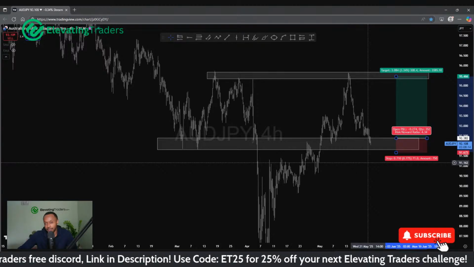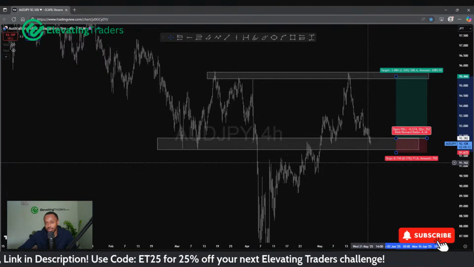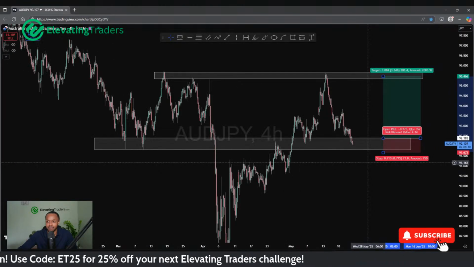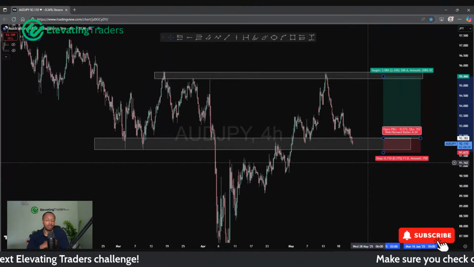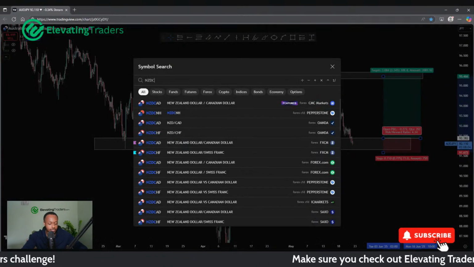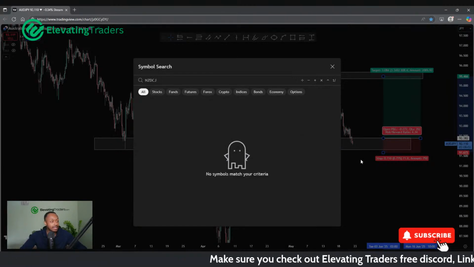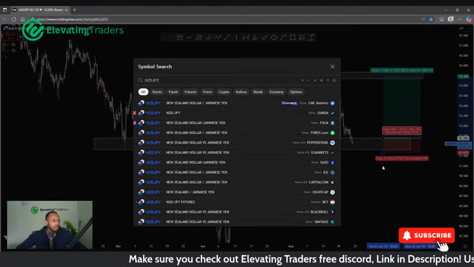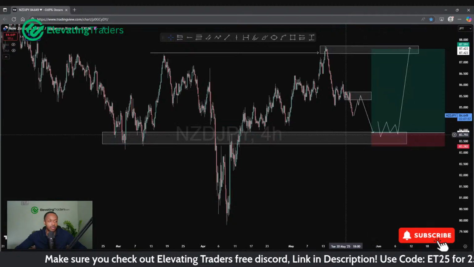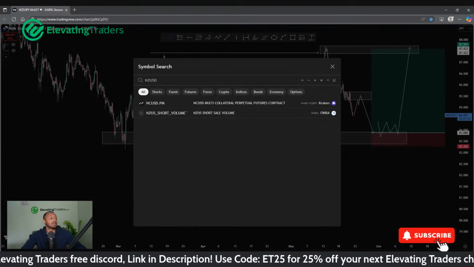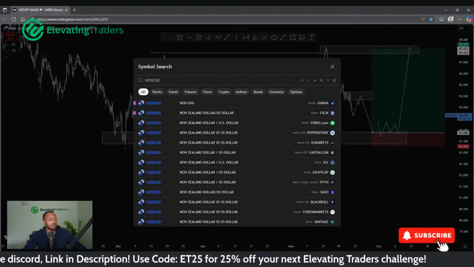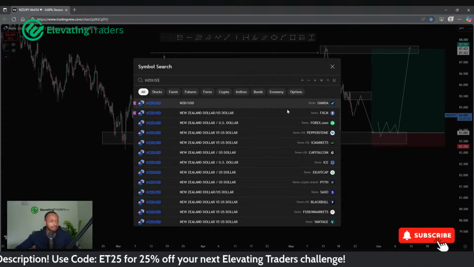But yeah, Aussie yen longs, New Zealand yen longs. I think the 5 pairs I would take a look at and keep on my watch list for the rest of the week is Aussie yen longs, New Zealand yen longs. So buys from down there. Then the USD longs. So doubling up on NZD here.